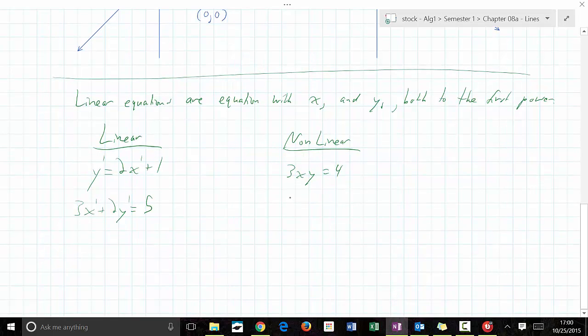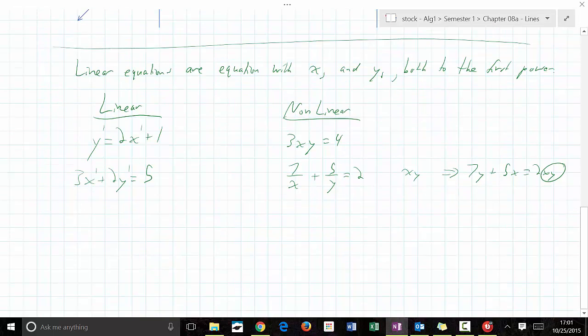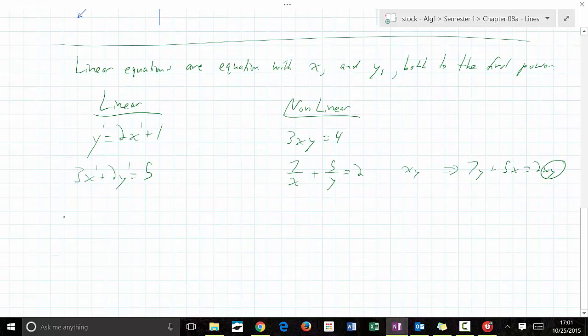However, if I have 7 over x plus 5 over y is equal to 2, that is nonlinear, because if I tried to multiply both sides by xy, what I would get would be this form, 7x plus 5y is equal to 2xy, and I run into that same problem as before, where it's nonlinear.